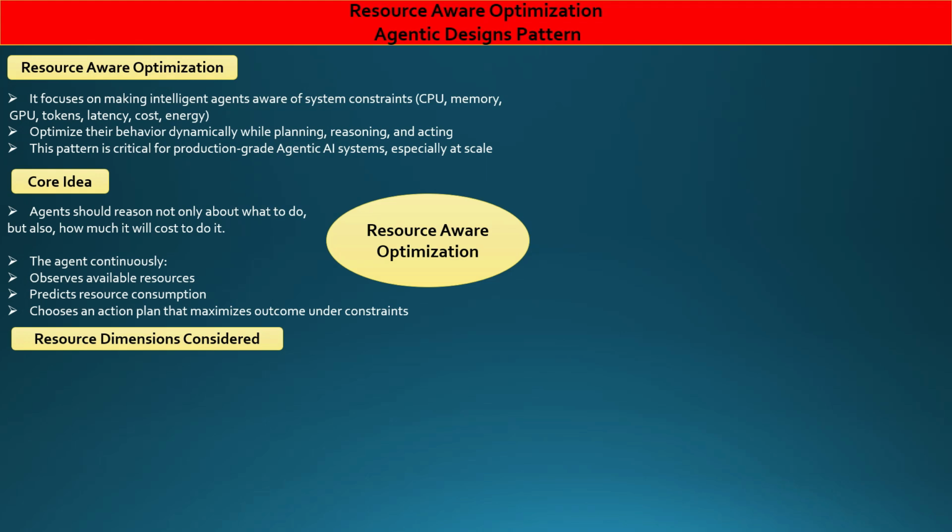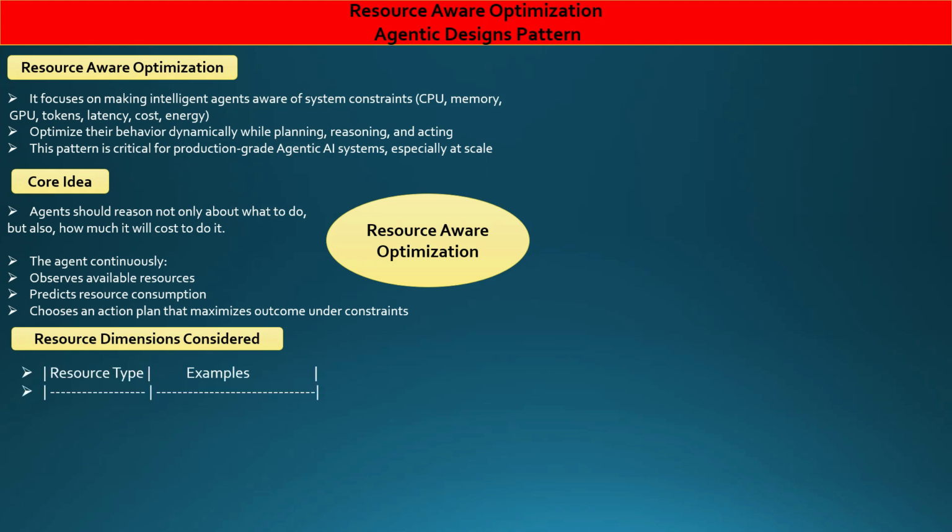Next are the resource dimensions considered. In resource aware optimization, an agent treats system resources as a first class input into decision making. Each dimension represents a constraint that directly influences the planning, reasoning depth, tool use, and execution strategies.